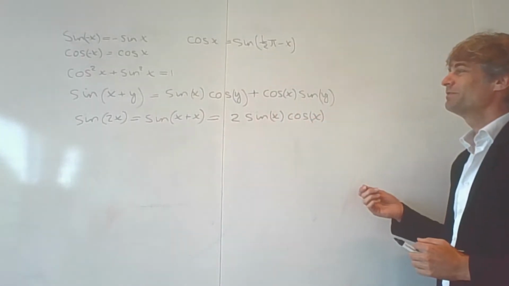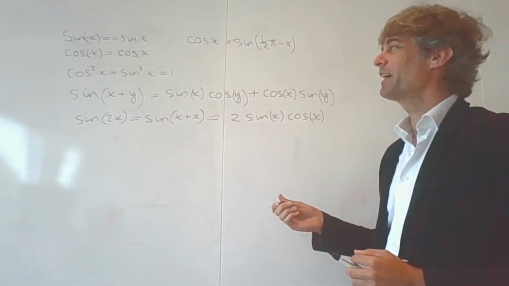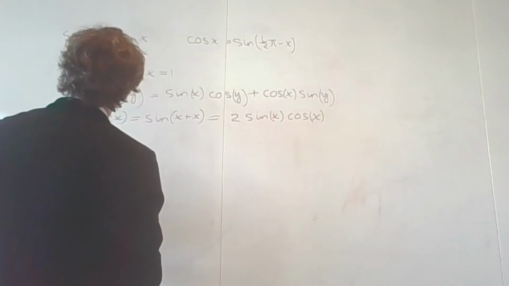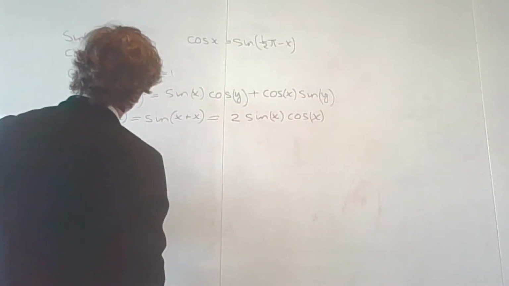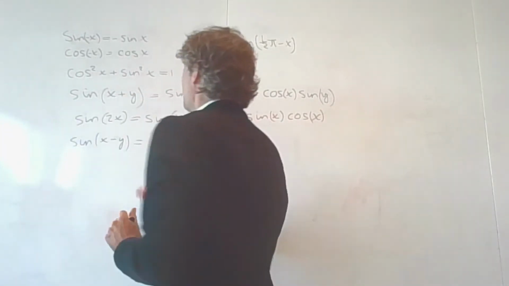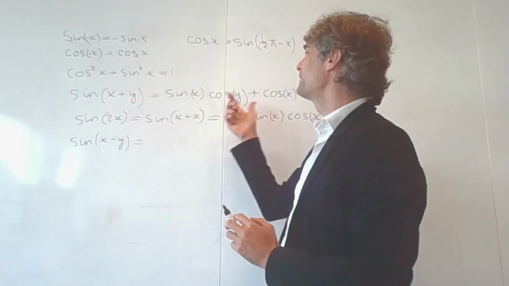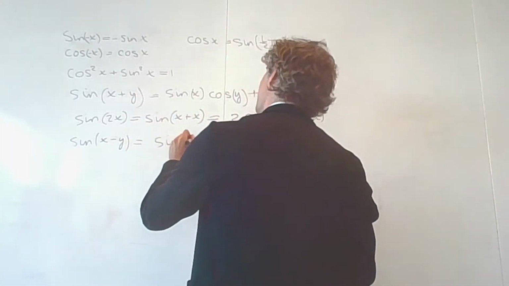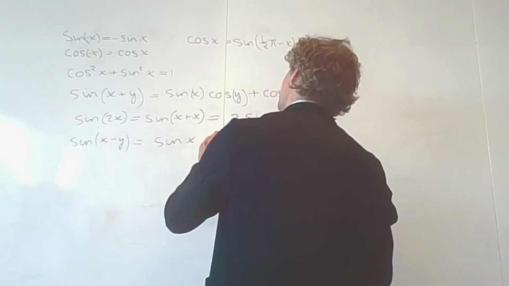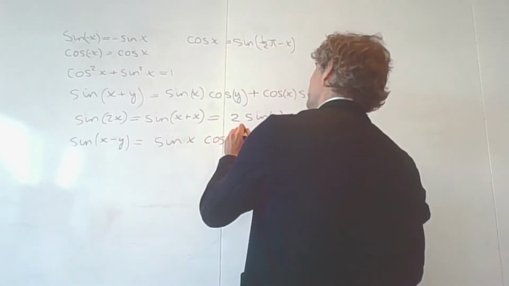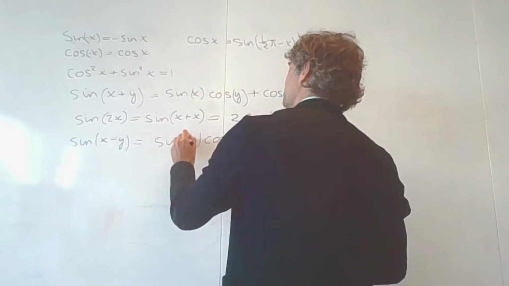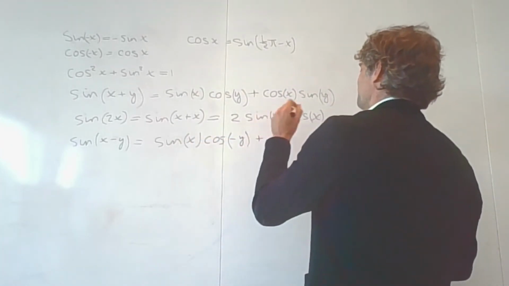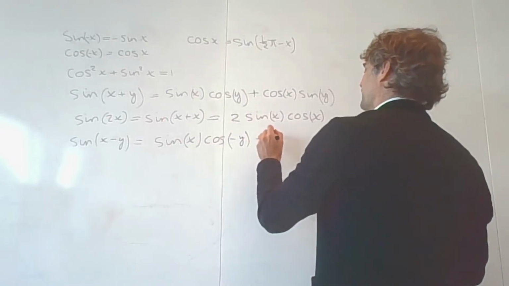And let's see if we can find the sine of x minus y. That should not be so hard, because everywhere there's y here, we change it to minus y. We get sine of x times cosine of minus y. It's better to put brackets, then it's always clear.